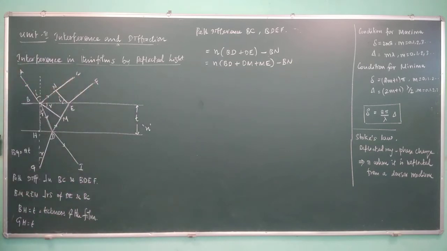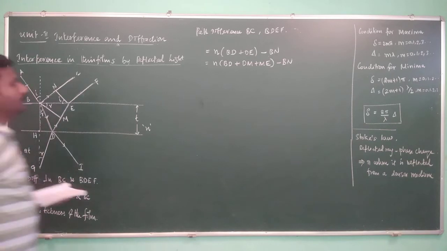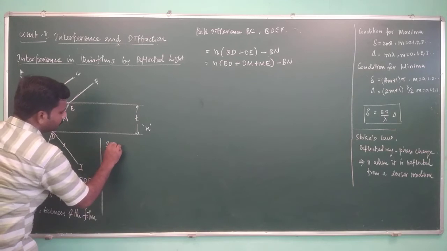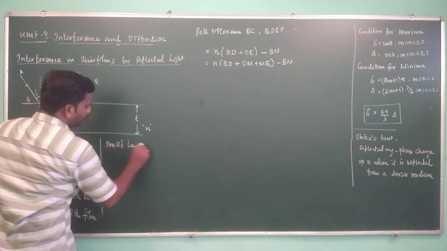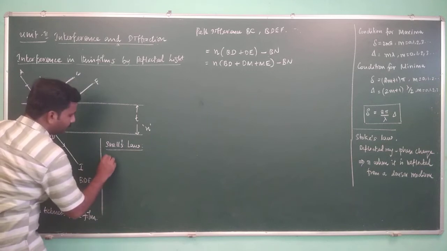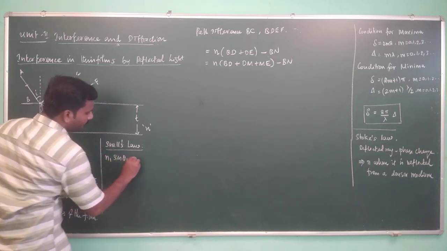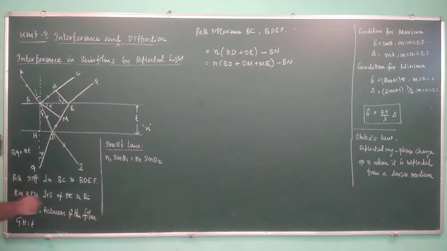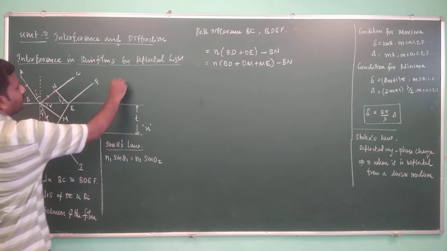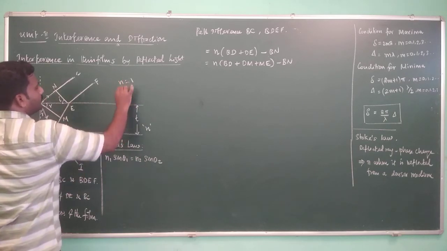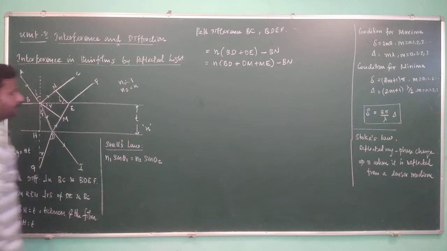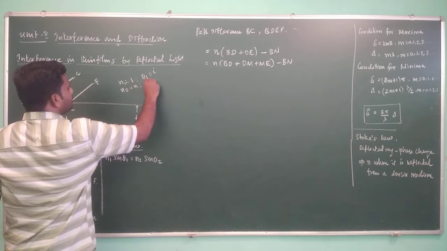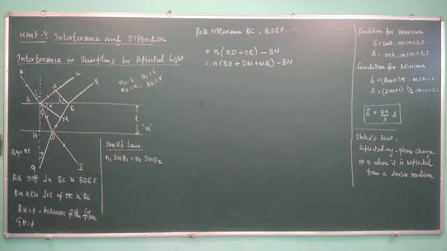Keep this. Now, according to Snell's law, n1 sin theta 1 is equal to n2 sin theta 2. In our case, n1 is equal to 1, n2 is equal to n, theta 1 is the angle of incidence, theta 2 is the angle of refraction.